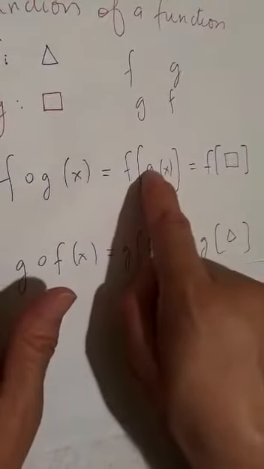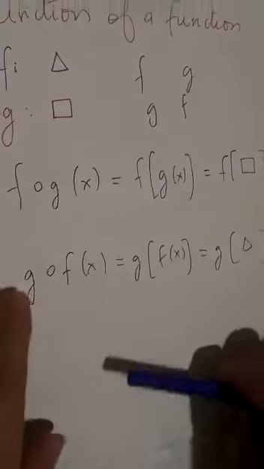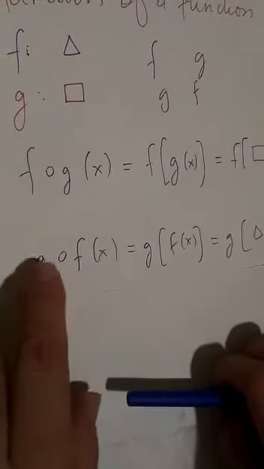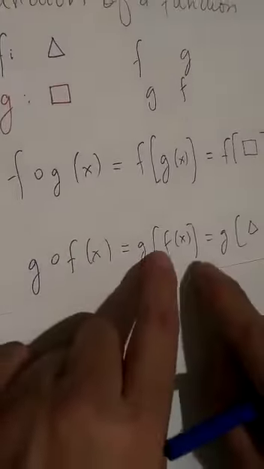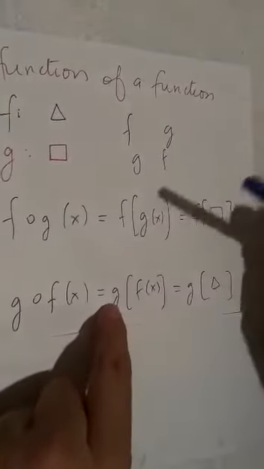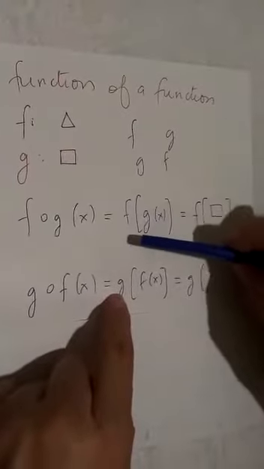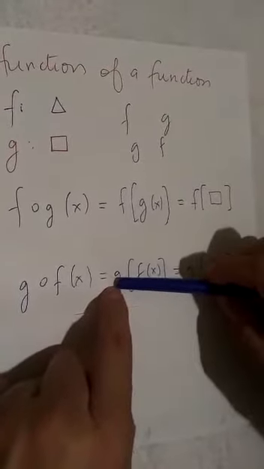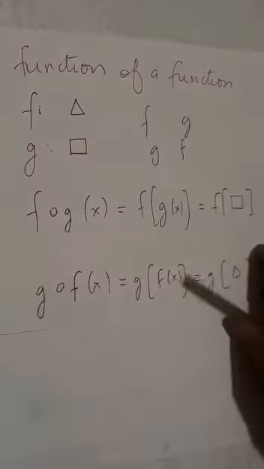So what you do is you take the square and you put it inside the function f for x. But if you're doing g of f of x, g is the main function, so you take f of x, which is the triangle, and you put it in g. So you can put g in f or f in g. And that's what the composition of functions is.